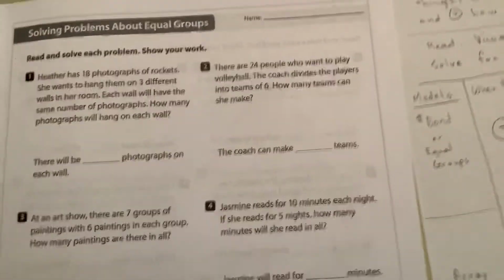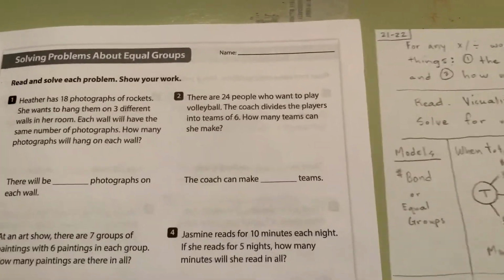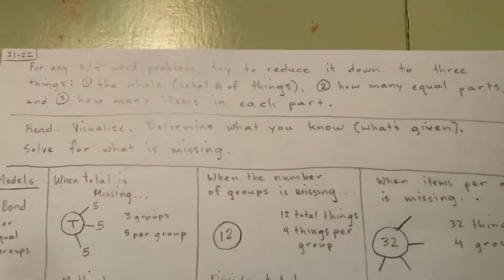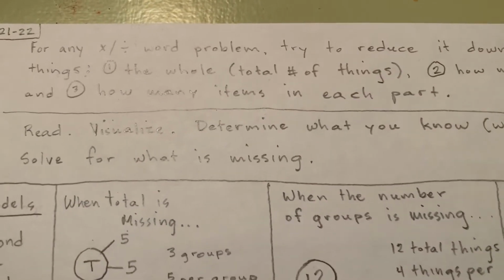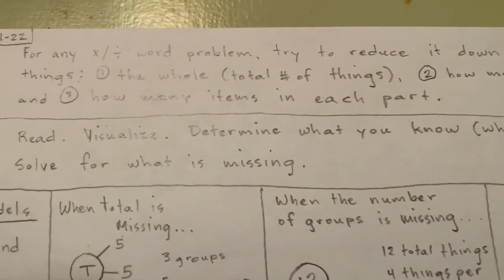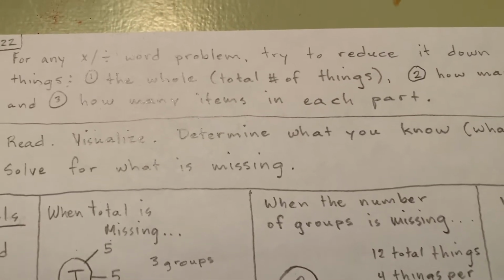So we're going to start by trying to understand the basics of solving any problem that has to do with multiplication and division. I've written out a little lesson, a target learning objective, for any multiplication and division word problem. Try to reduce it down to 3 things. Number 1, the whole, the total number of things.